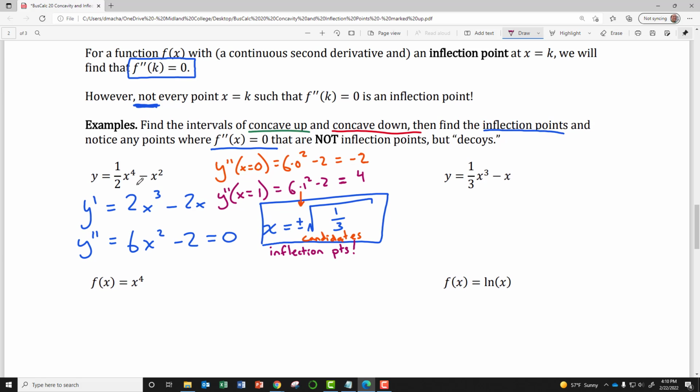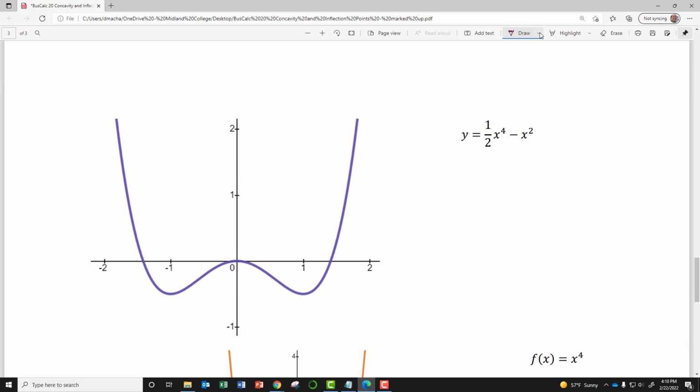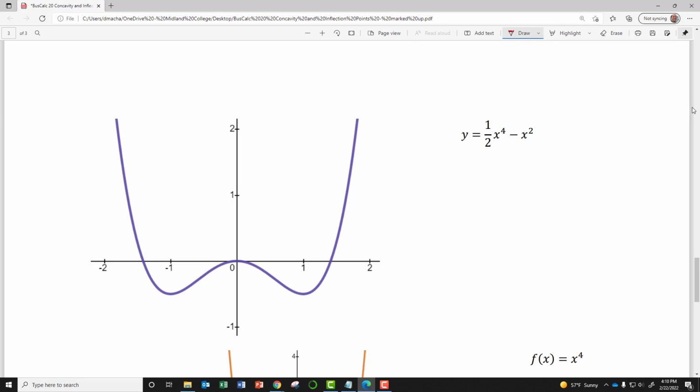And so that curve I just worked through, y equals 1/2 x to the 4th minus x squared, is represented by this purple curve here. At the point where x is equal to the square root of positive 1/3, and this point where x is equal to negative square root of 1/3, are my two inflection points.